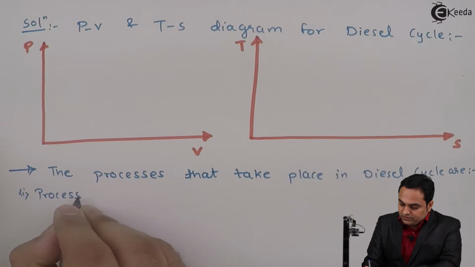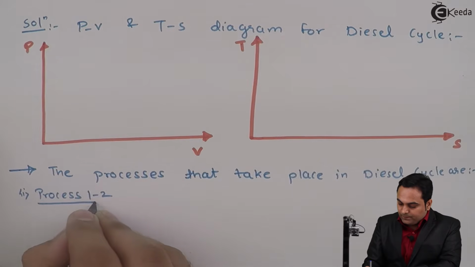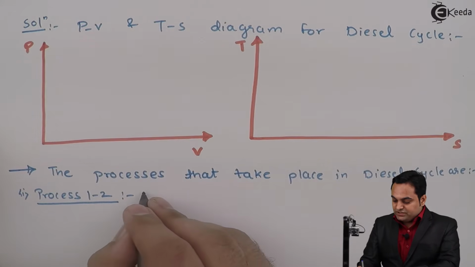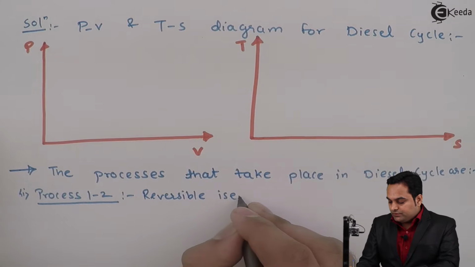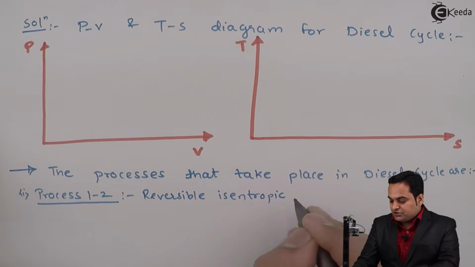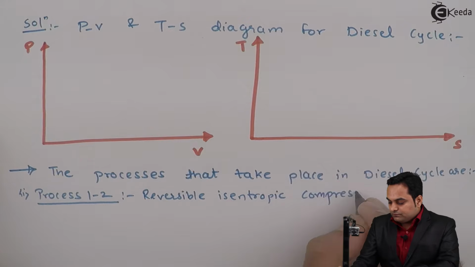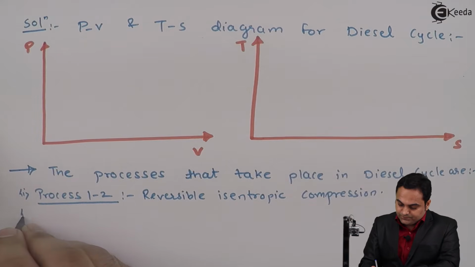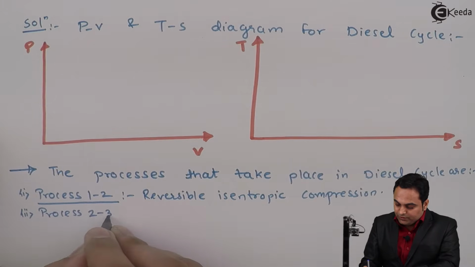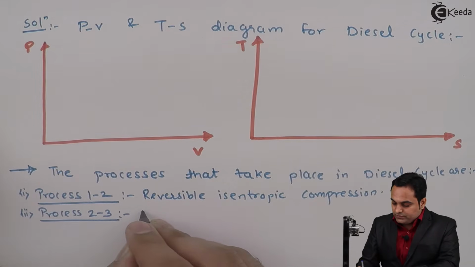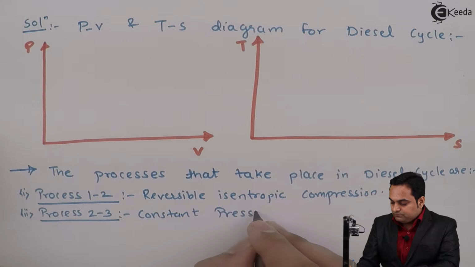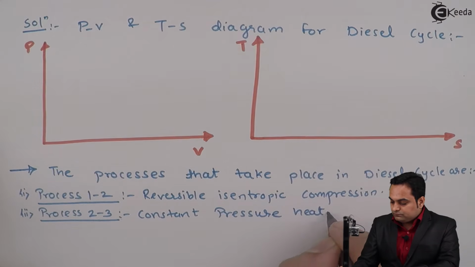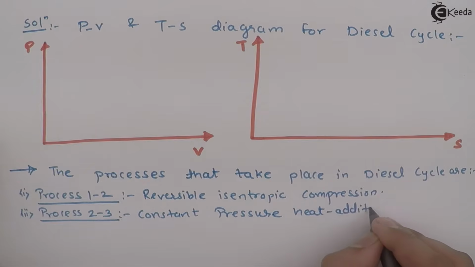first is process 1 to 2, that is reversible isentropic compression. Next, process 2 to 3 is constant pressure heat addition.